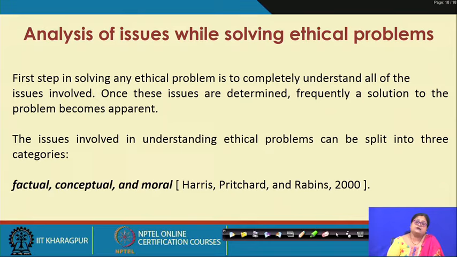Once we can understand the issues which are present in the particular problem, then finding a solution to the problem becomes somewhat easy. The issues which are involved in understanding ethical problems can be split into three categories: factual, conceptual, and moral.